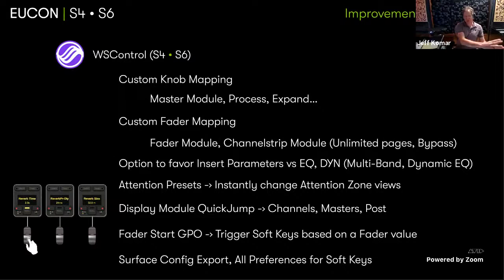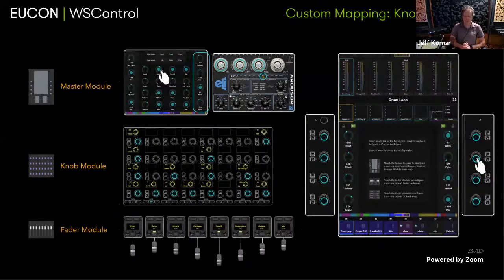The ability to quickly change all of your display module views and zooms, whether they're channels or masters or post displays. The ability to trigger soft keys based on a fader value, basically a fader start GPO, and a lot more stuff. So let's actually dive into mapping and talk about it.